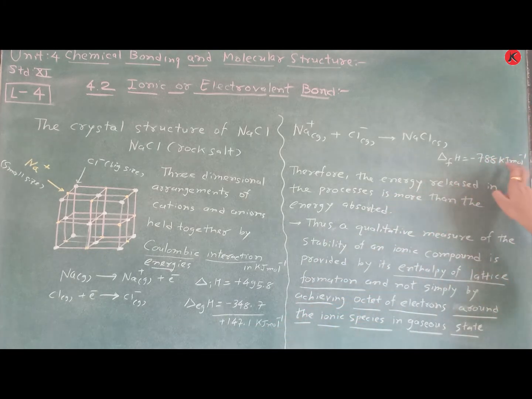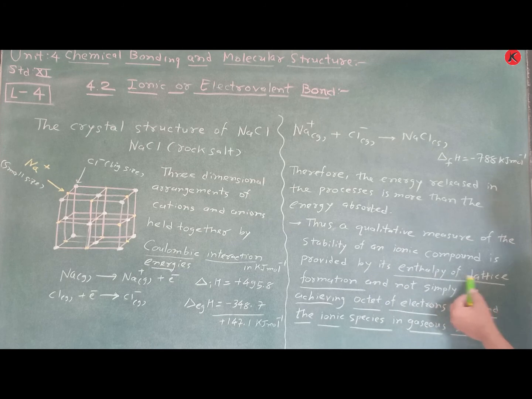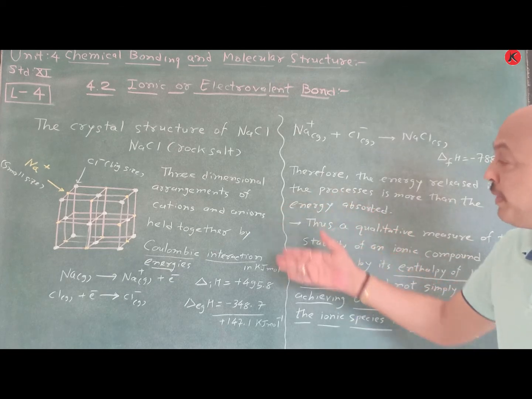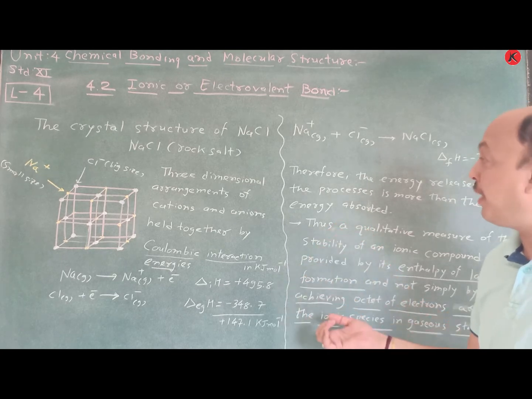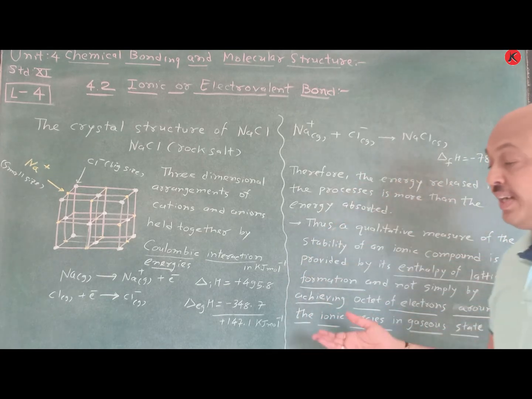That's why the stability of an ionic compound is provided by its enthalpy of lattice formation and not simply by achieving an octet of electrons around the ionic species in the gaseous state. So this is all about the different parameters we learned here, like lattice enthalpy and the crystal structure of NaCl.